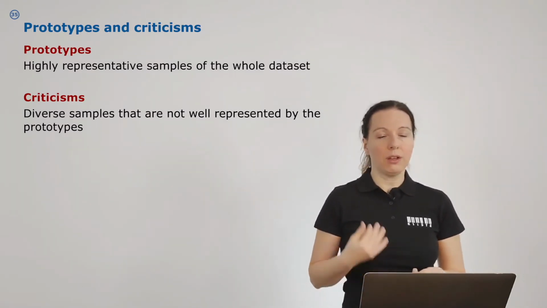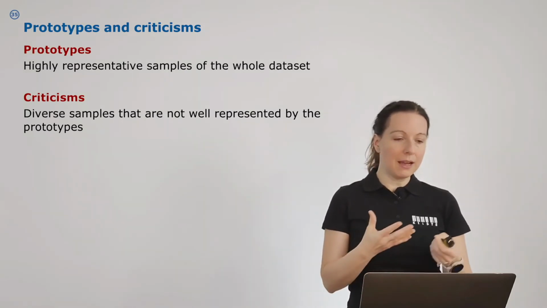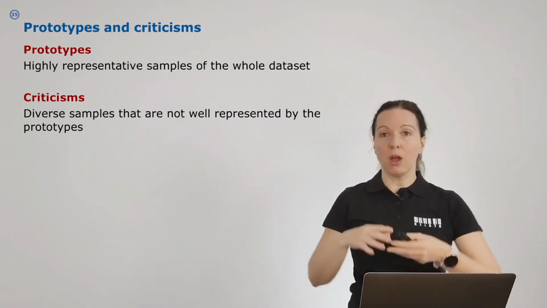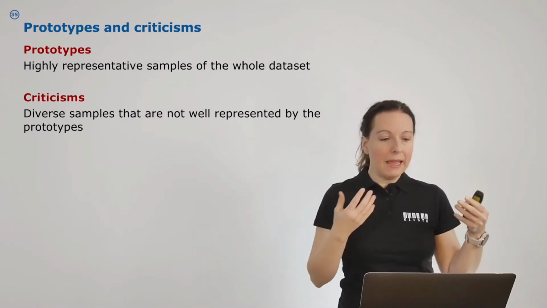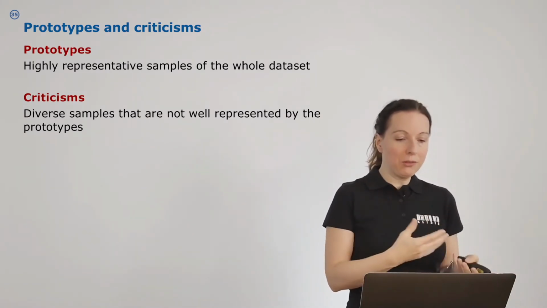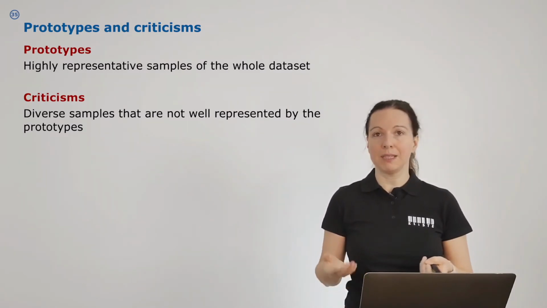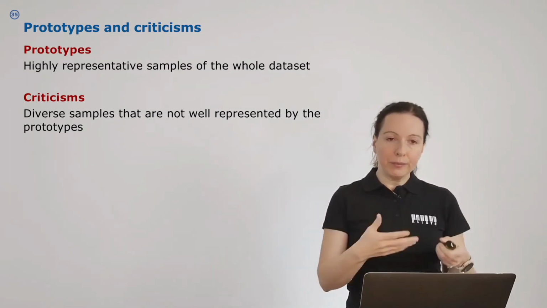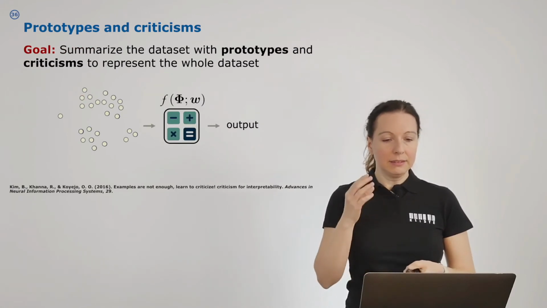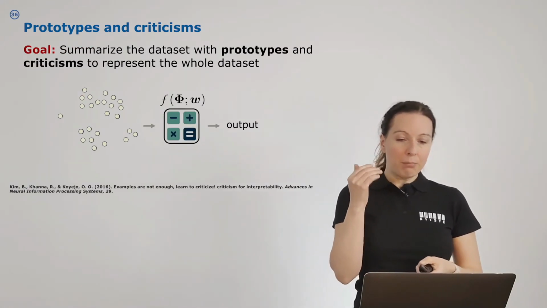To give you a definition, prototypes are highly representative samples of the whole data set. And criticisms are diverse samples that are not well represented by the prototypes, but they still serve as proxies.